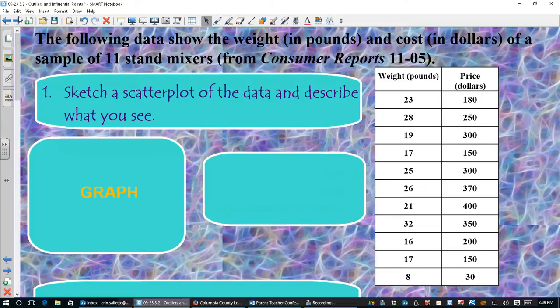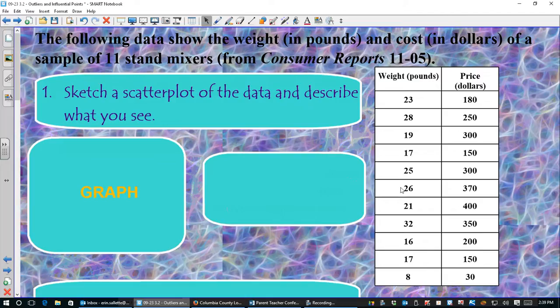Let's look at an example that will illustrate how one point can have an effect on your data. So first we've got our data here. We're talking about the weight of 11 stand mixers according to Consumer Reports and their price. So our weight is going to be our explanatory variable and our price is going to be our response.